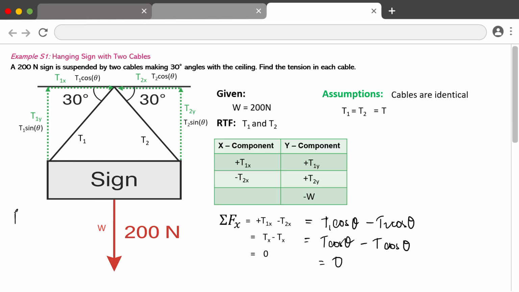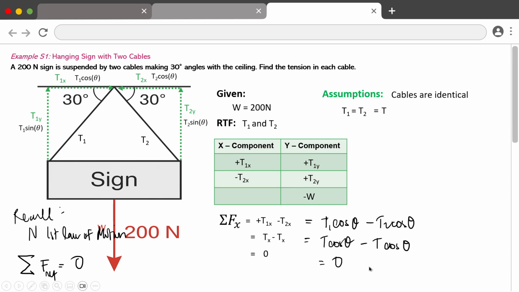Because again, recall Newton's first law of motion, that an object is in equilibrium if the net force applied on the object is 0. So because the sign is suspended, it's not accelerating. It doesn't say that it's accelerating.